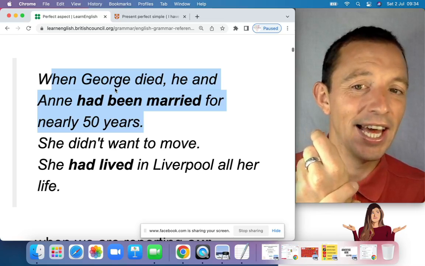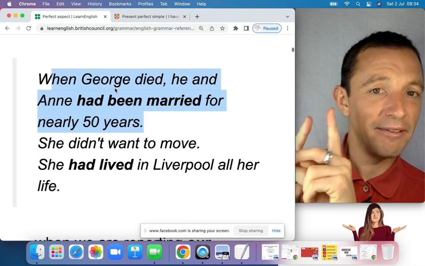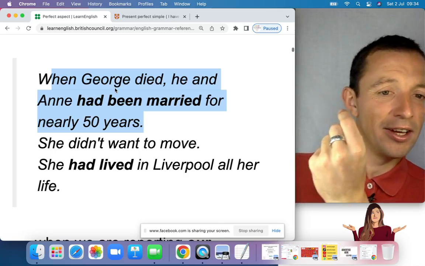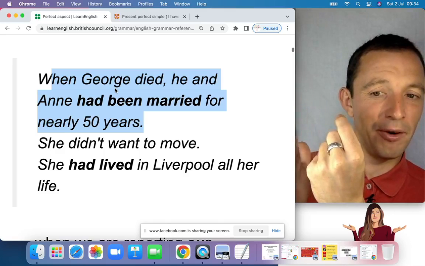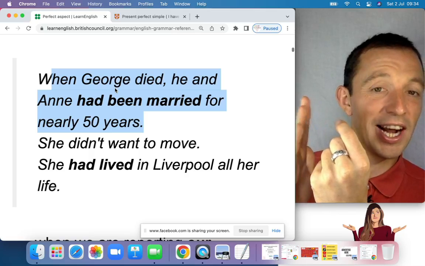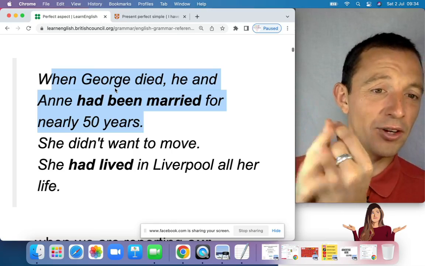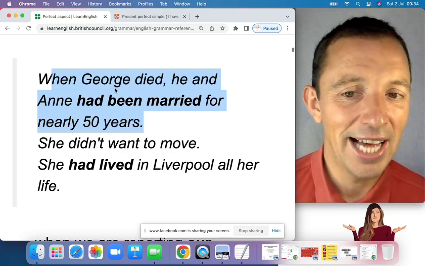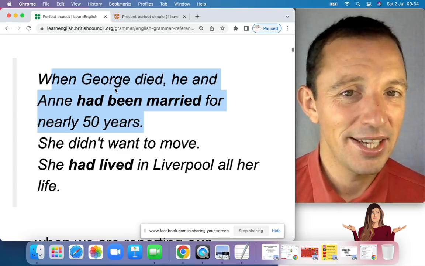He and Anne had been married for nearly 50 years. So the perspective of the past, the moment he died, the period before is the past perfect continuous because it started in the past and it continued all the way until that moment in the past. He and Anne had been married for nearly 50 years.